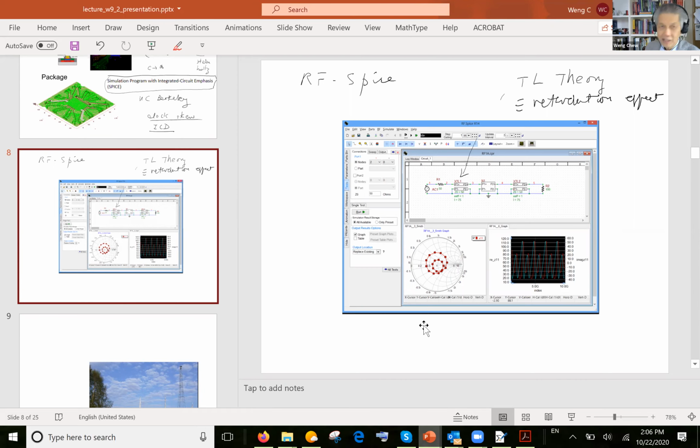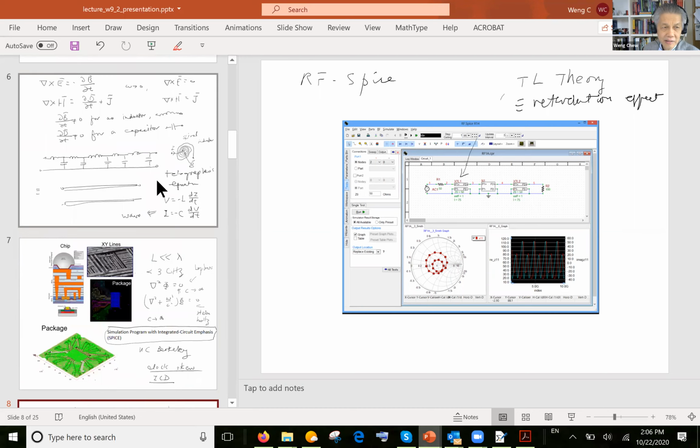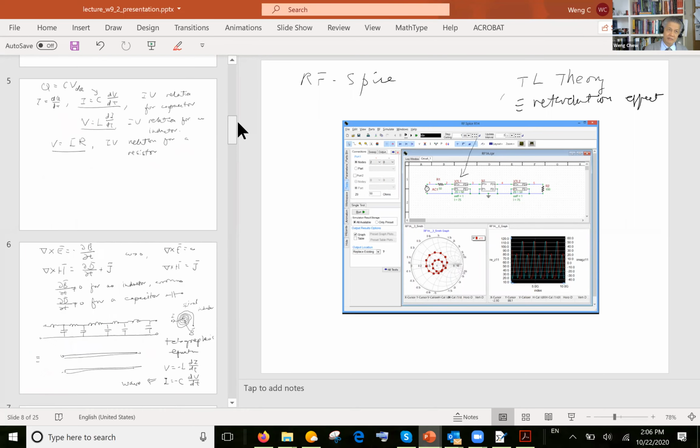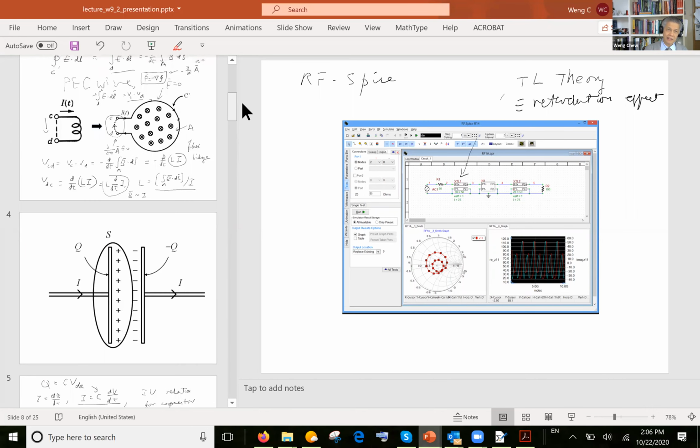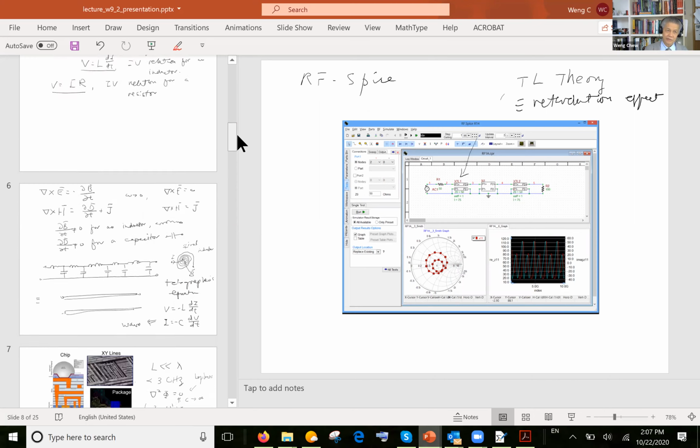I would say historically, KVL and KCL precede the development of Maxwell's theory. People knew about this relationship way before Maxwell's equations came about. People knew about the IV relationship of capacitors and inductors and resistors way before Maxwell's equations.